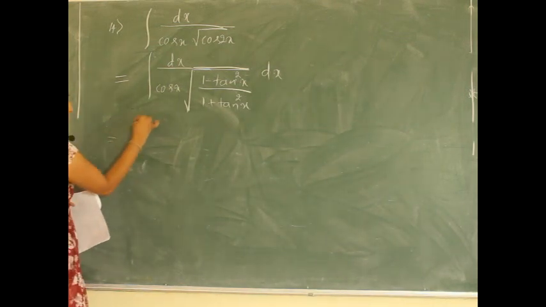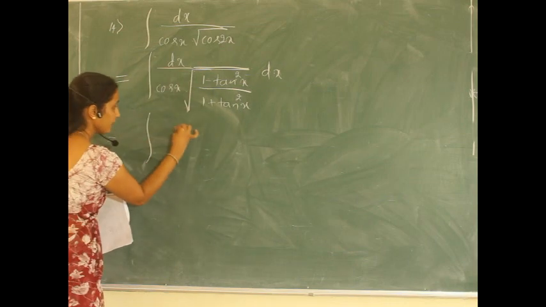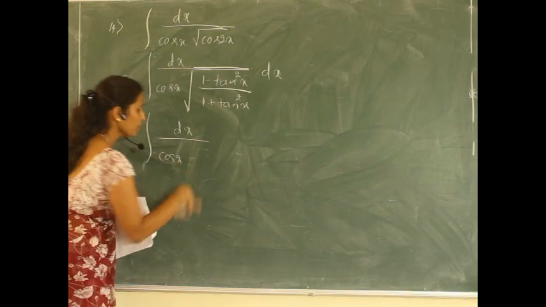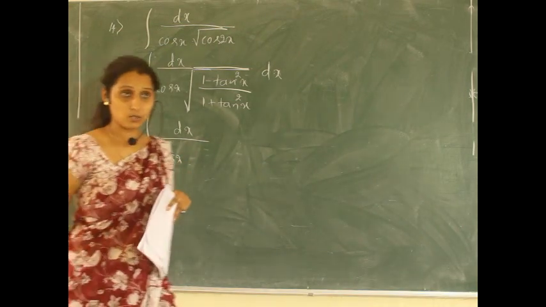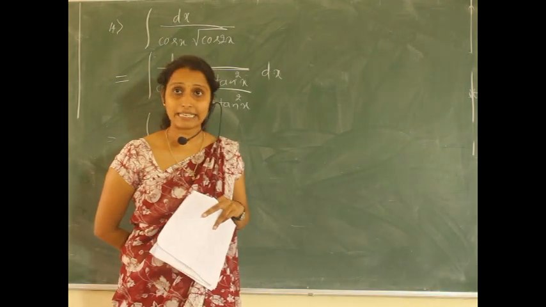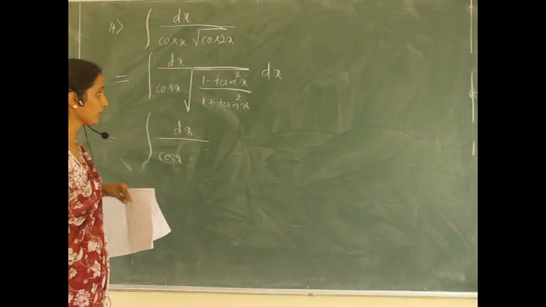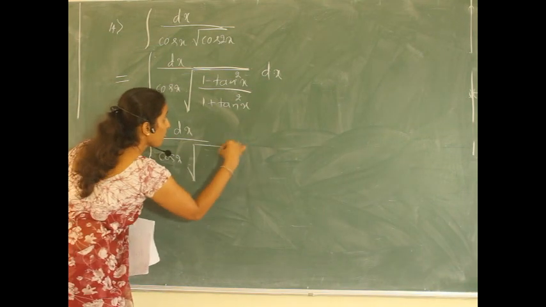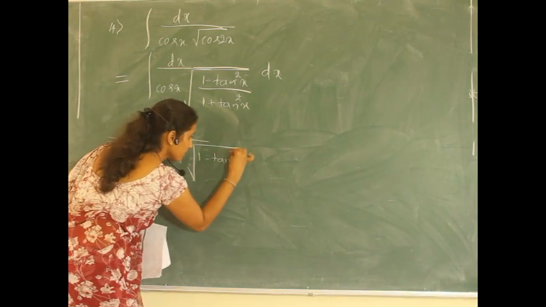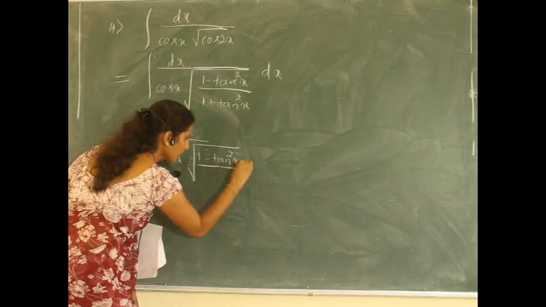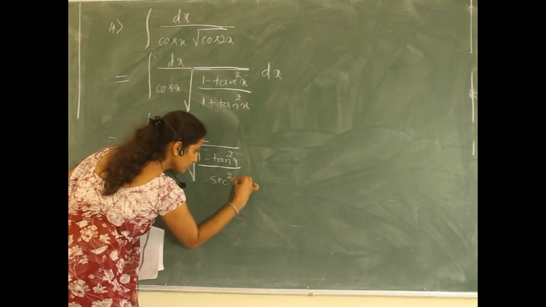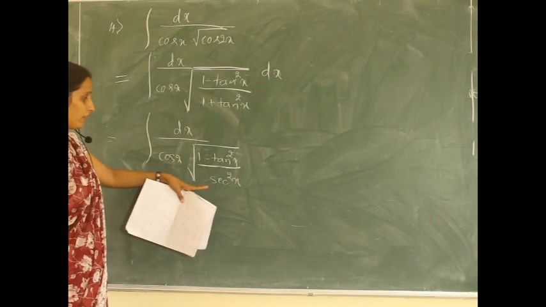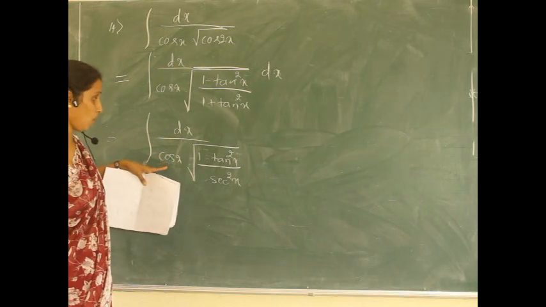So this is equal to the integral of dx divided by cos x into, so 1 plus tan square x is secant square x. The square root of secant square x is secant x, so secant x will be in the denominator. When we take it to the numerator, that becomes cos x.